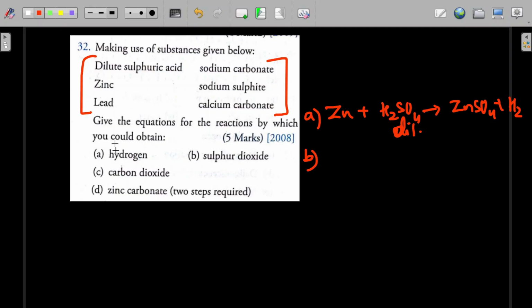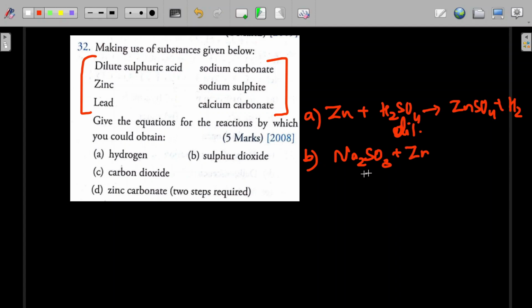B. Sulfur dioxide. Zinc plus sodium sulfate. Zinc, why will you use? Again, you have to use acid only. Acid plus metal sulfite. Yes, sodium sulfite. Zinc is amphoteric, right?